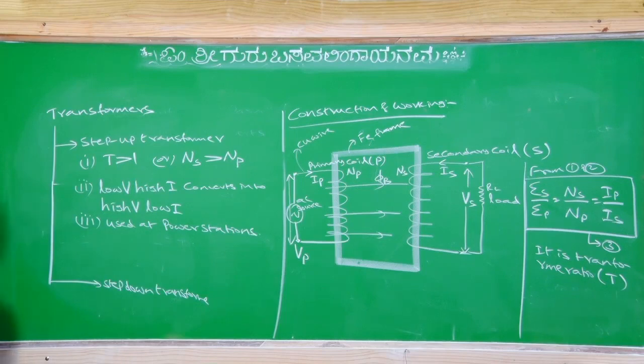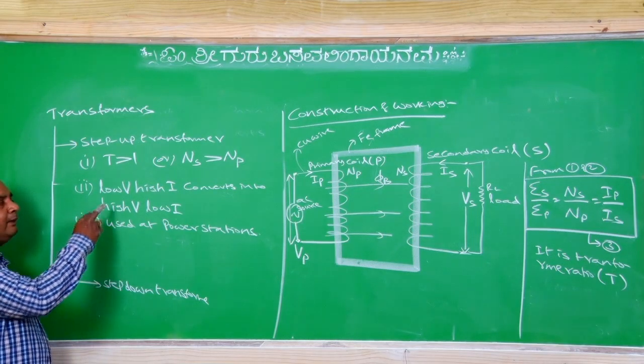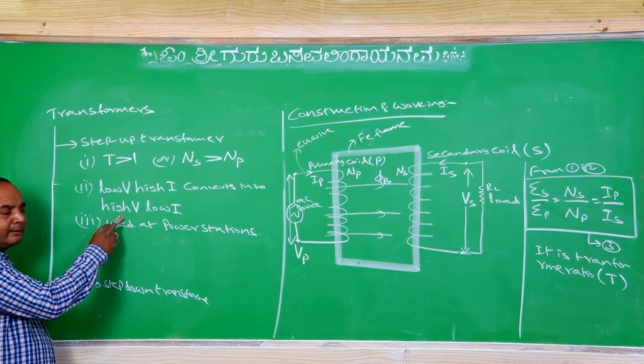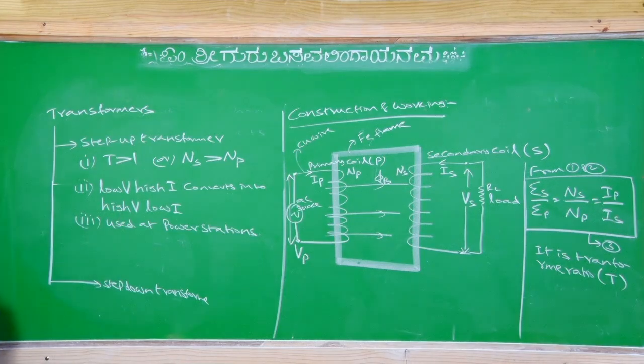When power is transferred over larger distances, more electrical energy is wasted in the form of heat and sound energy. To prevent this, we convert the low voltage into high voltage. When the voltage becomes high, the power loss will be low.